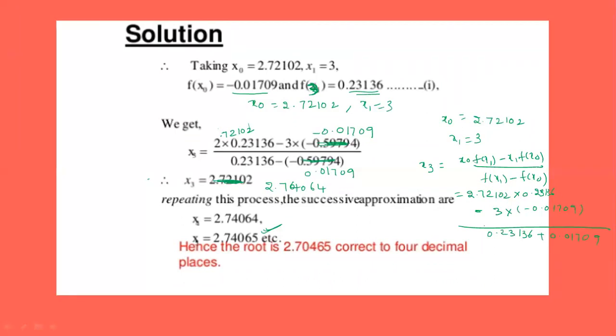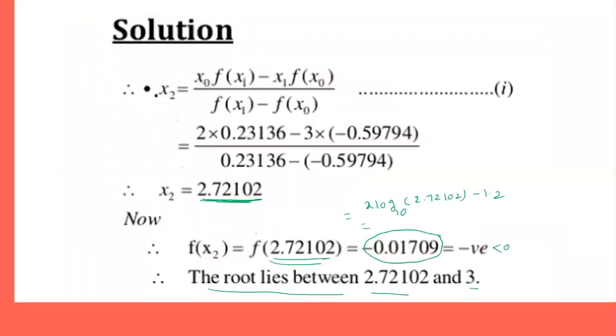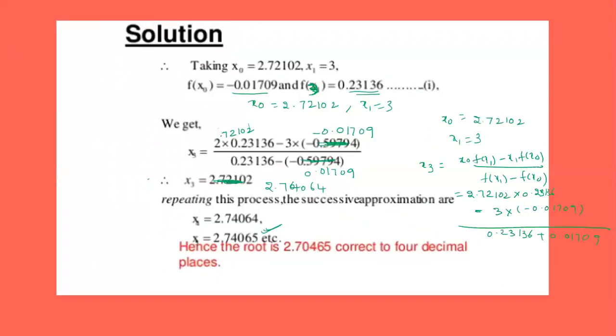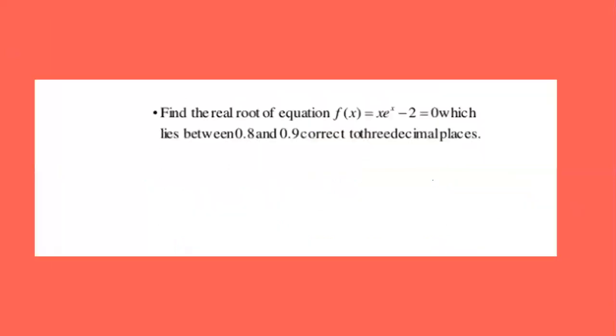Use the calculator, and if you simplify it, you will get your value is 2.74064. Next value will get 2.74065. So like that, we go on, proceed the iterations till you get the required result.